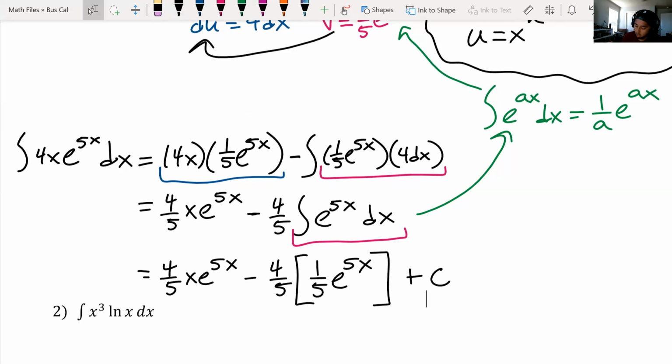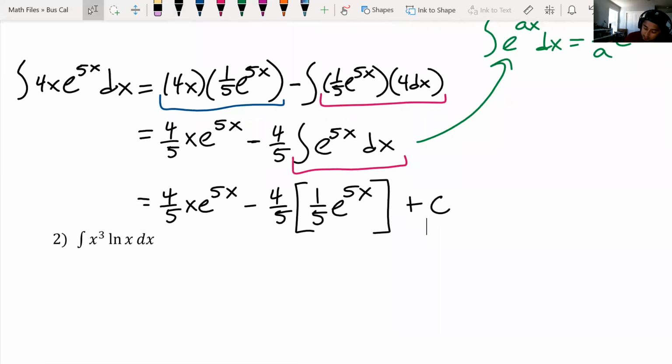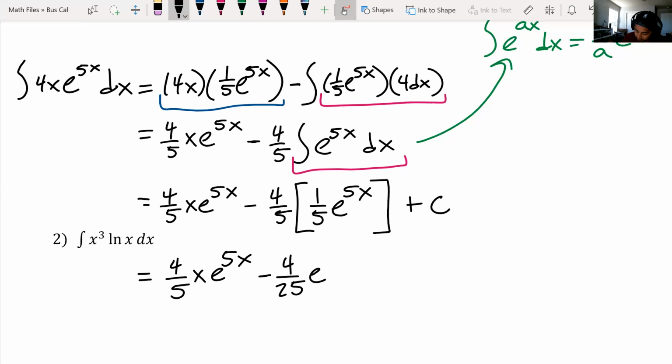All right, almost done. Don't worry, I'll put it back in its place. We get 4/5 x e to the 5x minus 4/5 times 1/5 is 4/25 e to the 5x plus c.